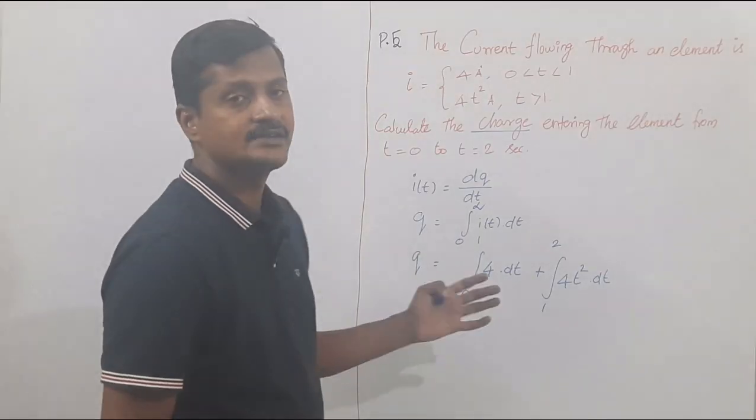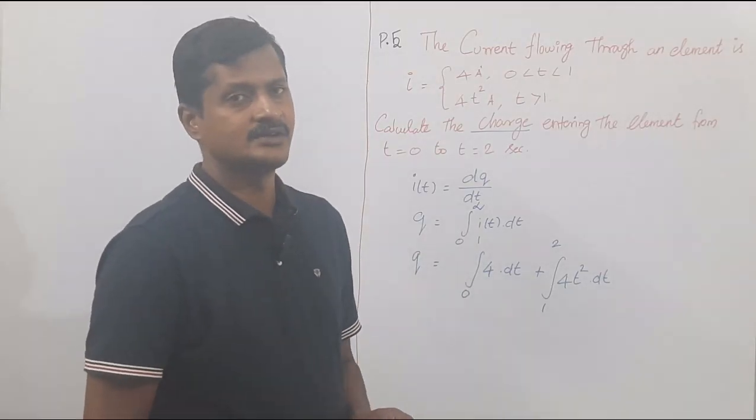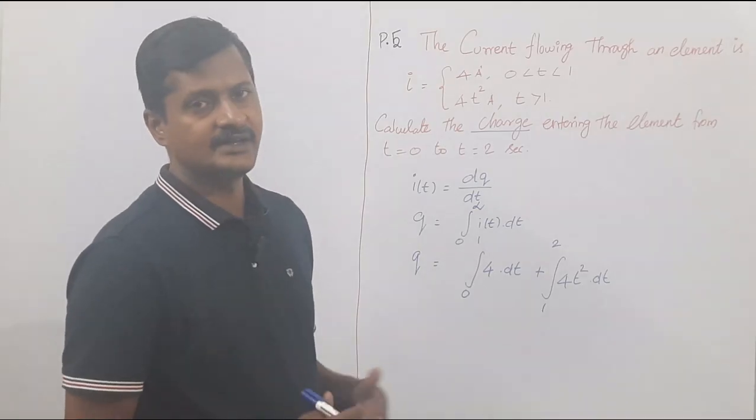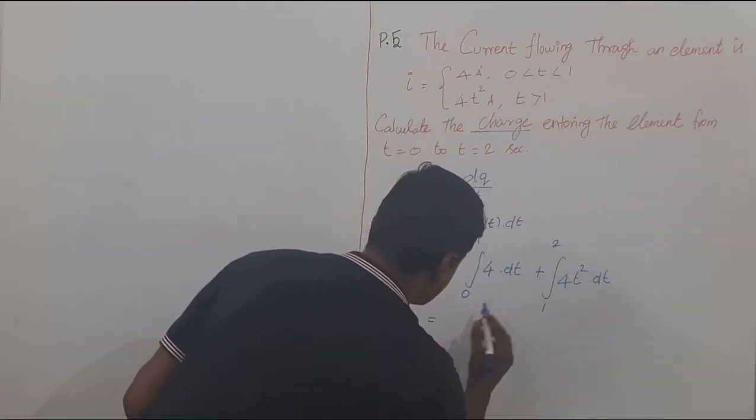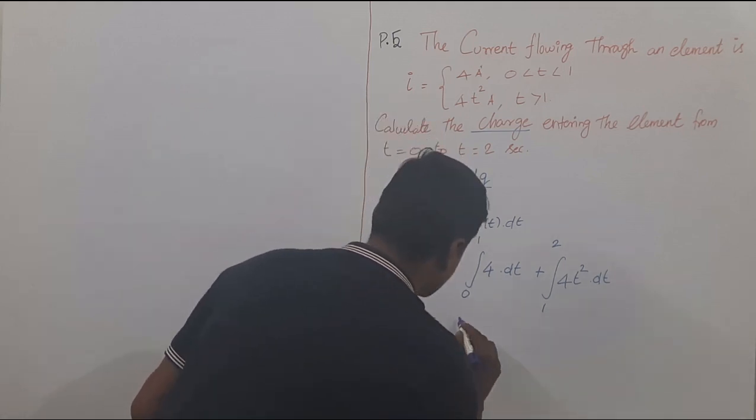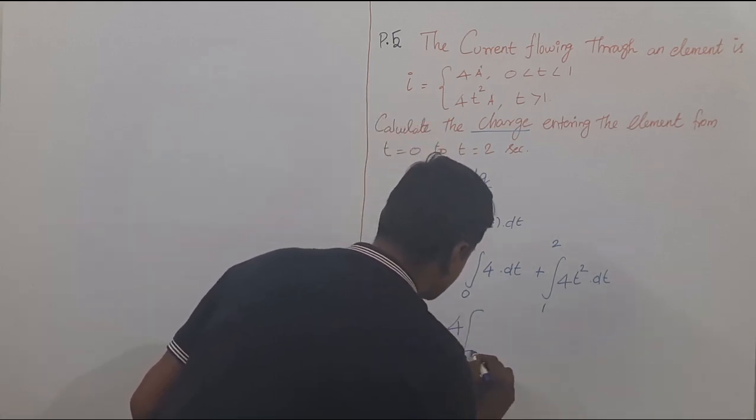Now we are integrating and substituting the limit values to get the value of the charge, keeping 4 outside.